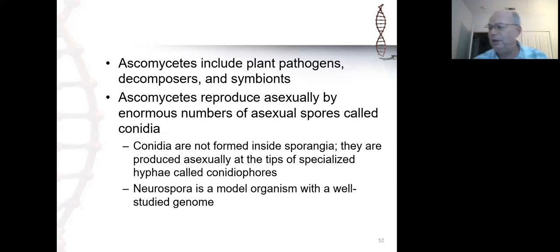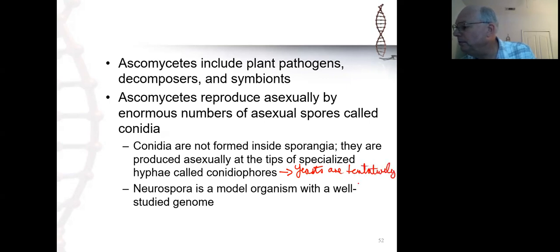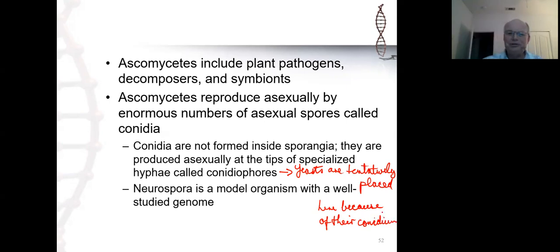So yeasts are tentatively placed here because they produce that bud that looks very much like a conidium, which is characteristic of the asexual reproductive stage of the ascomycetes.